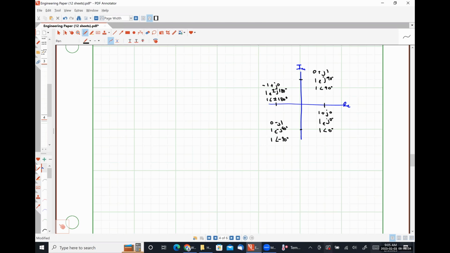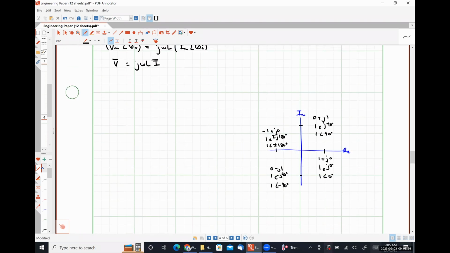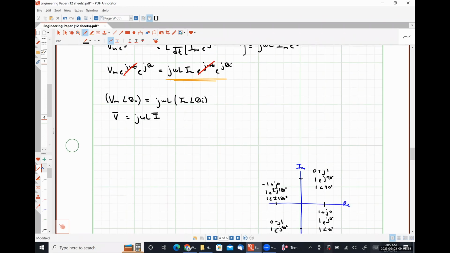So when I have a j by itself, like I have right here, that's the same thing as me having omega L Im e to the j theta I times e to the j 90 degrees. I can lump those two exponentials together as e to the j (theta I plus 90 degrees), like this.